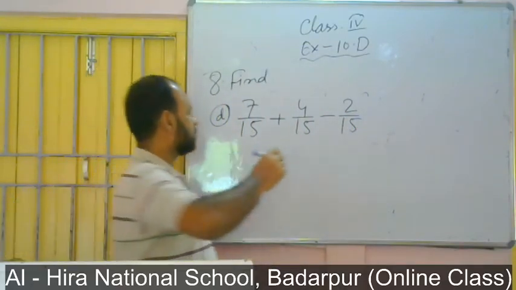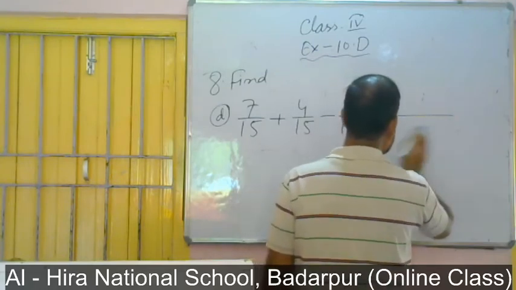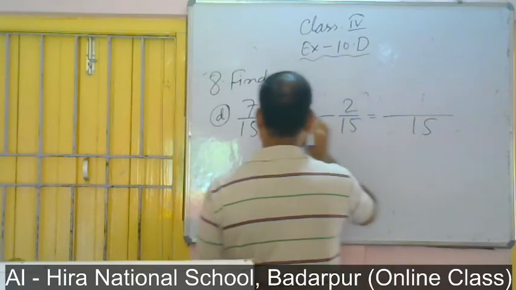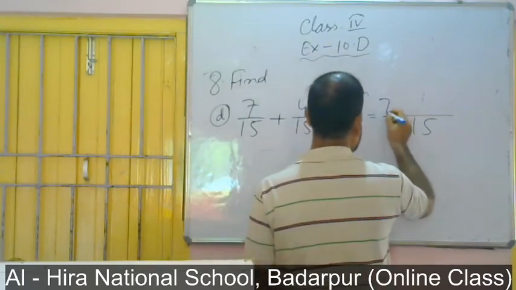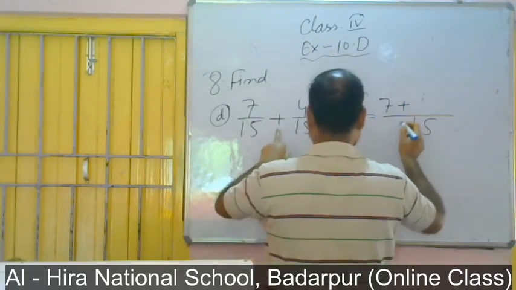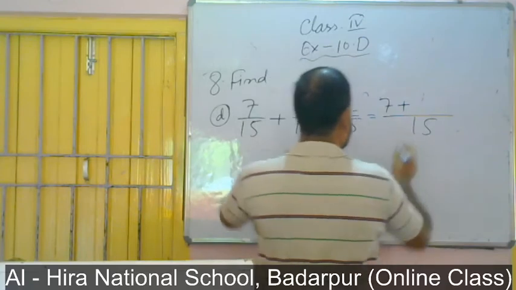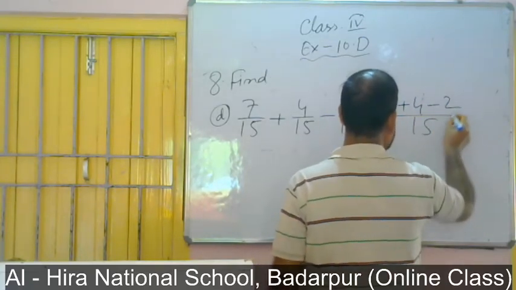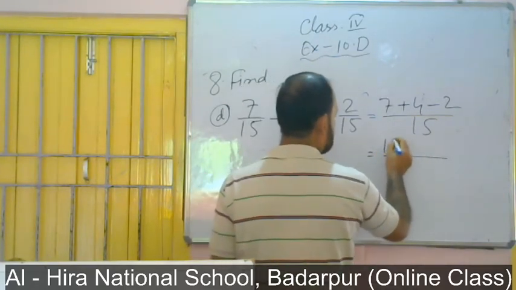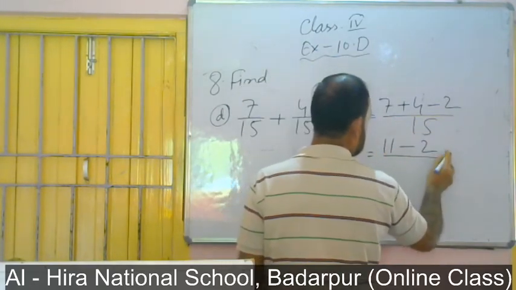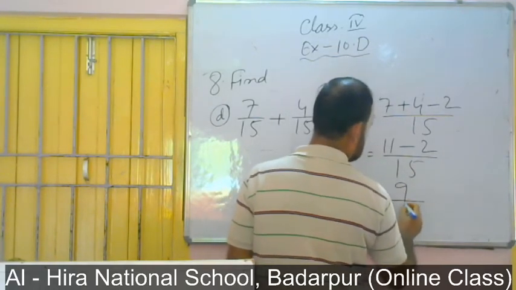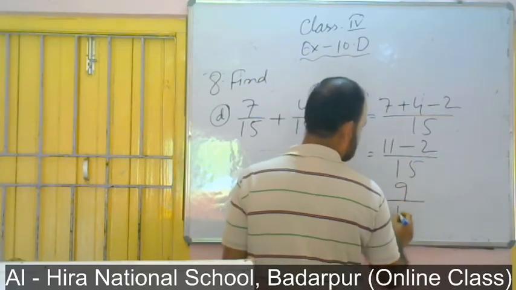The common denominator is 15, and 7 plus 4 minus 2. 7 plus 4 is 11, and 11 minus 2 is 9, so 9 by 15.